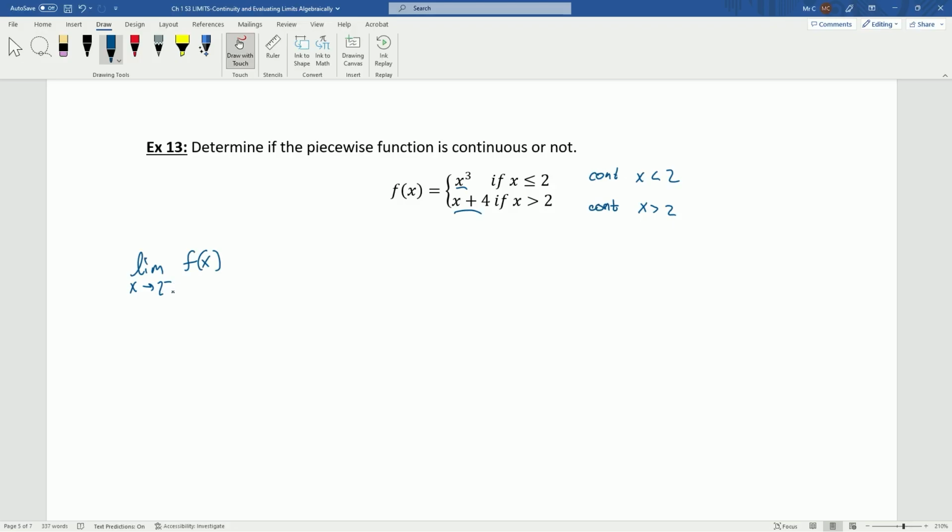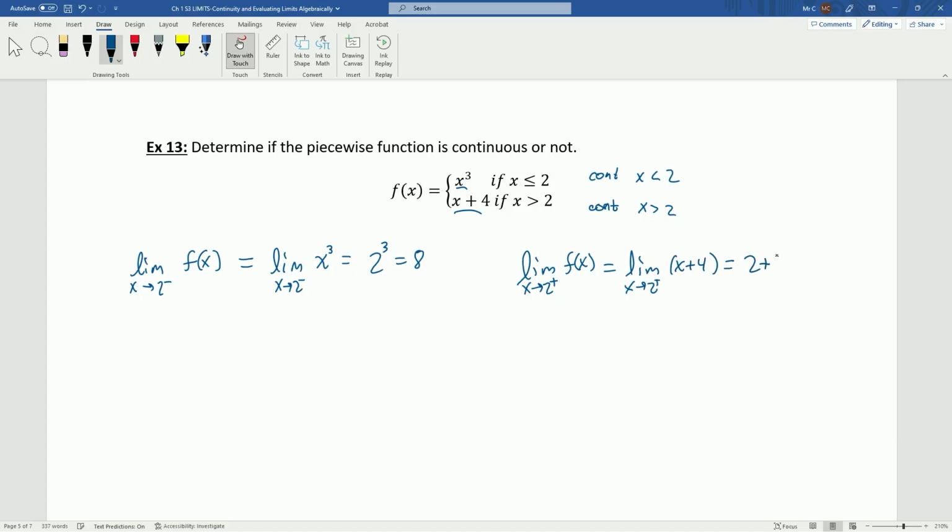So when x approaches 2 from the left, I'm looking at this top function, x cubed, which is going to give me 2 cubed, which is 8. And when I look at the limit as x approaches 2 from the right, well, that means I'm going to look at this bottom function, x plus 4.